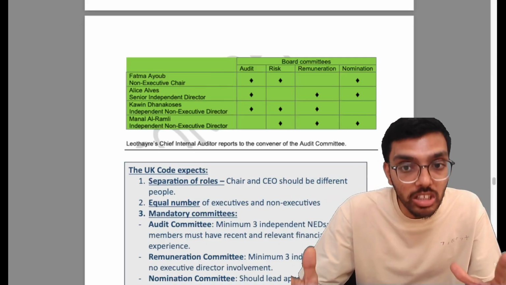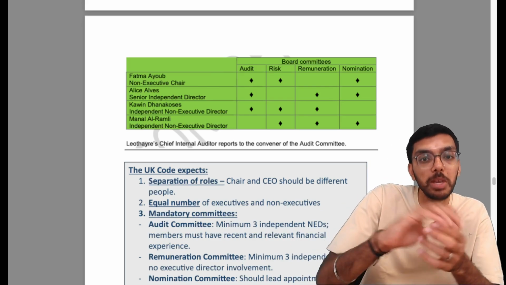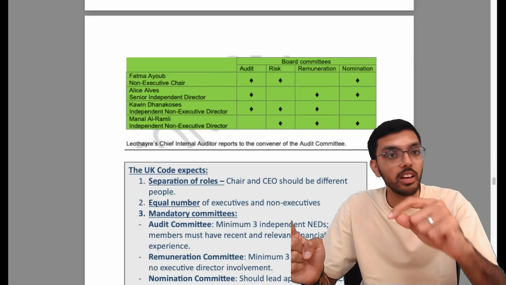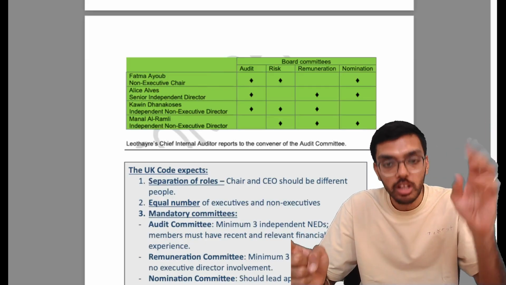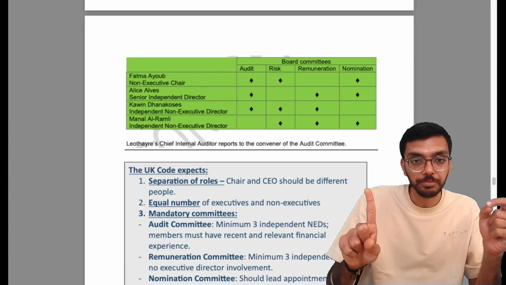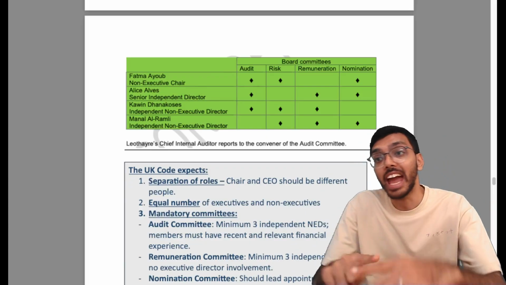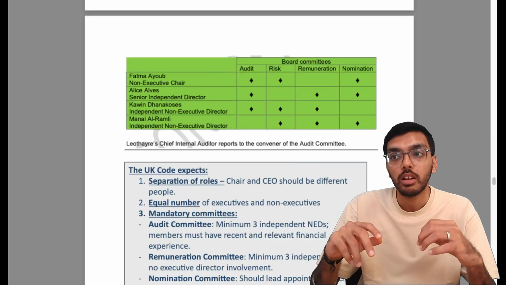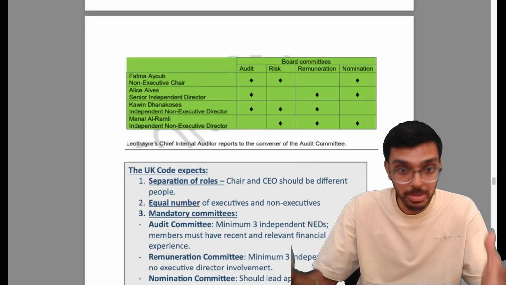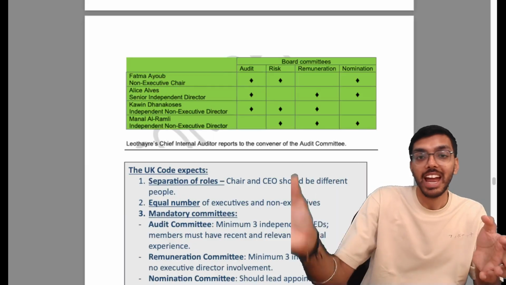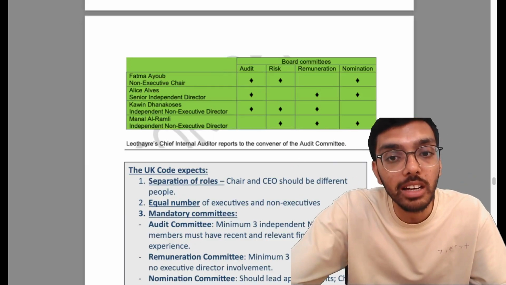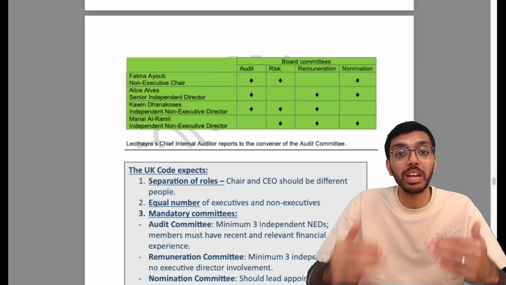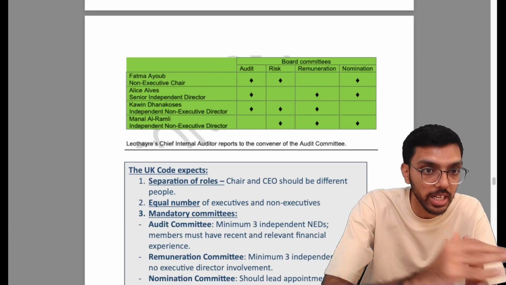But for a large company, the general recommendation would be for 1 more NED to be appointed, because anywhere there is an NED imbalance on the board. So if we appoint 1 more NED, and this NED can have, let's say, extensive risk experience, extensive HR experience, because that's lacking on the board, this NED could become part of the audit committee, remunerations committee or nominations committee to make it even more independent.